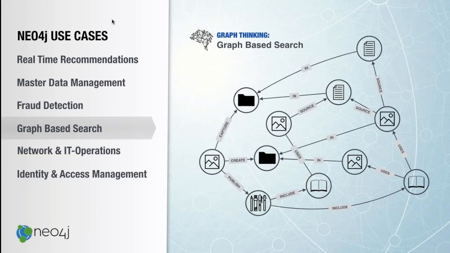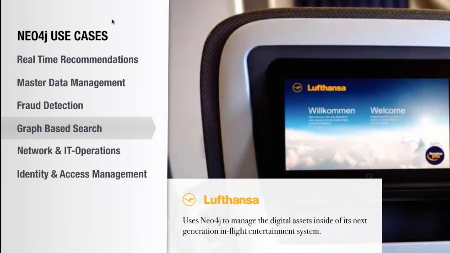It allows multi-dimensional faceted search through the data that allows you to reach your destination much more quickly, even when there are lots of products that have got the same name or in other ways similar characteristics. It's being used by quite a lot of companies in the search business, but it figures in unexpected places as well, such as Lufthansa, who are using it for in-flight entertainment. So you can do super faceted search to find the movies that you're interested in.